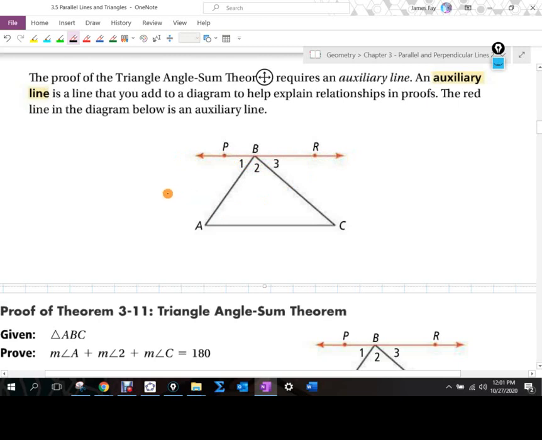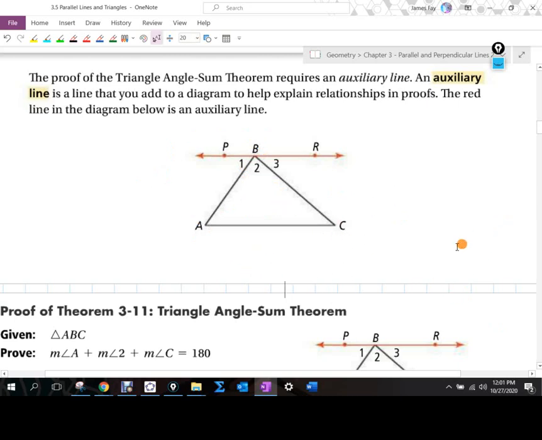We could have added it through A as well. Would you guys agree that there's a line that goes through A that would be parallel to BC? Or we could have added it through C so that it's parallel to AB. Either one of those three is an option. We just usually use that top one.